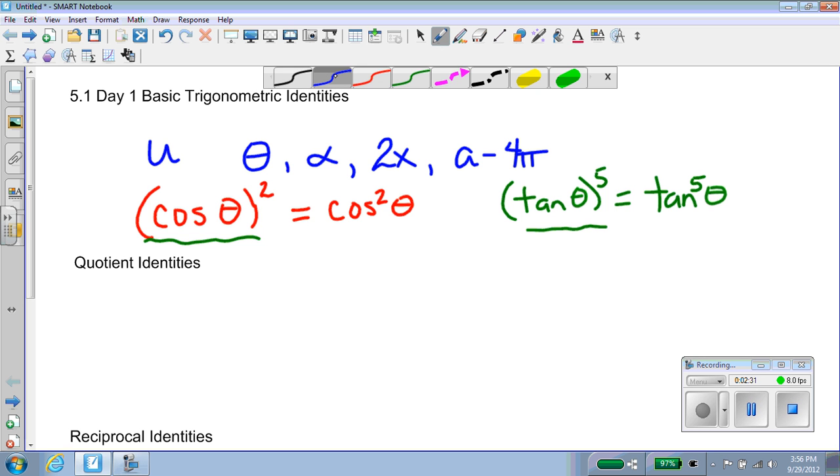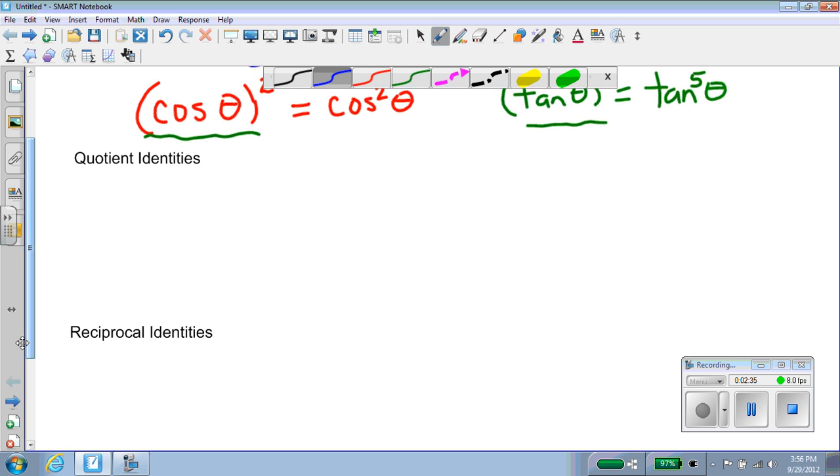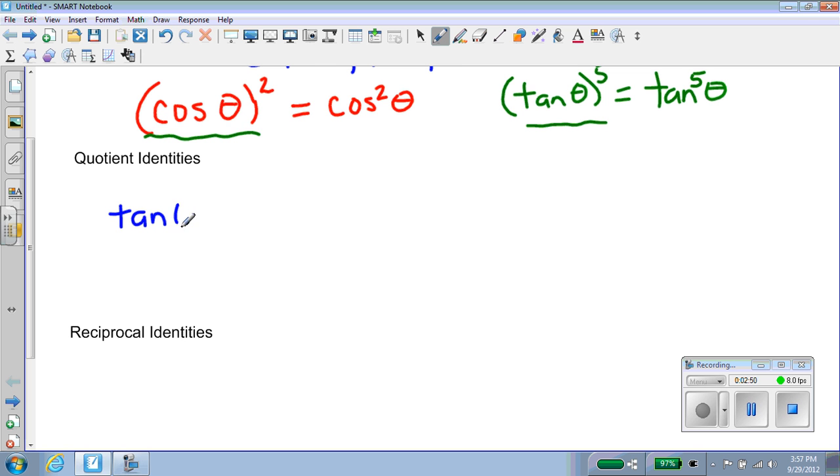Let's begin with some basic identities, some things that we already know and accept. The first batch of identities are called the quotient identities. And the quotient identities we used when we were graphing. So tangent of theta could be rewritten as sine of theta over cosine of theta.